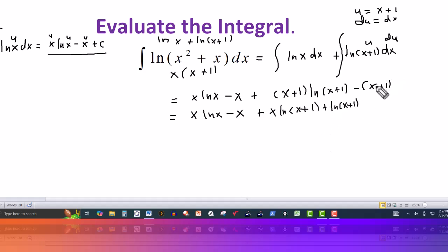And then this will be minus x minus 1. But see, the minus 1 is a constant, so at the end I put the constant of integration. So this minus 1, I'm going to incorporate it with the c. That's normally what you do.